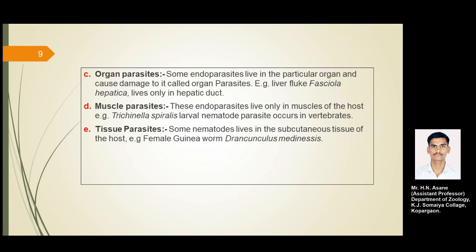This Dracunculus medinensis lives in the subcutaneous tissue of a human host. The life cycle of Dracunculus medinensis is very interesting, and we are going to see it in the fifth chapter on the life cycles of some parasites.